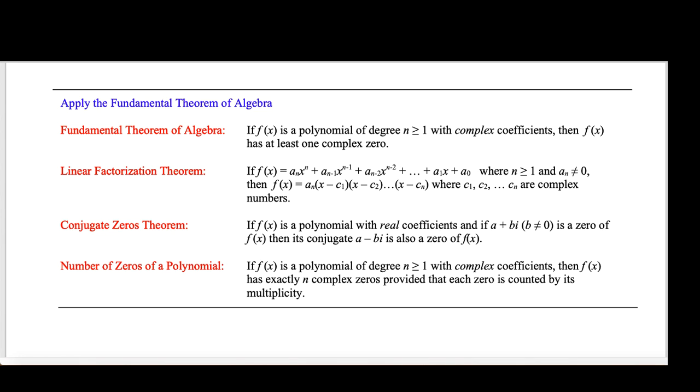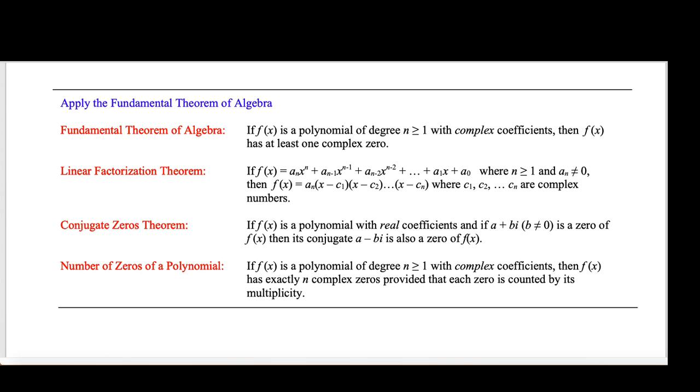So if we have a zero that has both a real and an imaginary part, where the coefficient of the imaginary part is not equal to 0, then its conjugate is also a zero. This is a fairly handy theorem because if we're given the information that a certain complex number is a zero, then we automatically know a second zero as well, right?